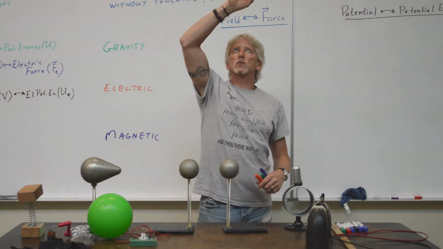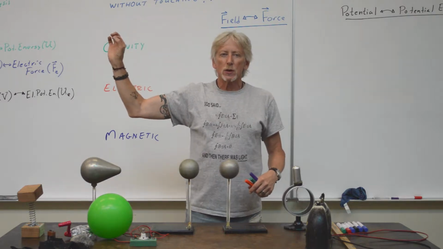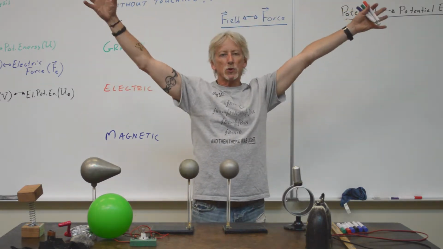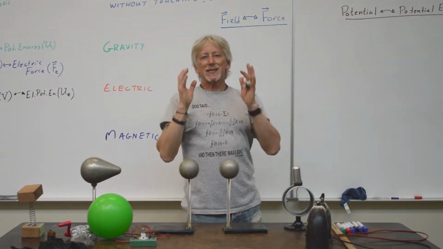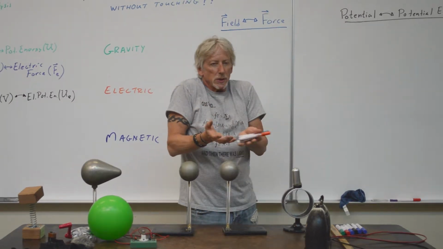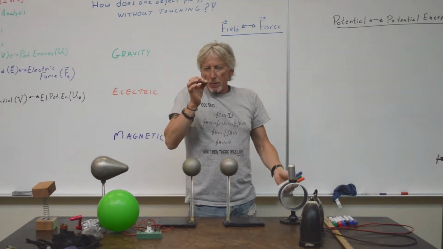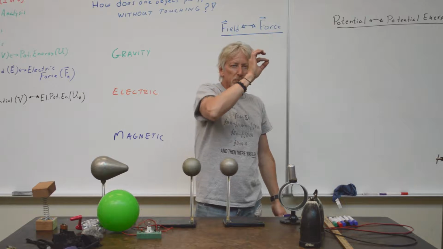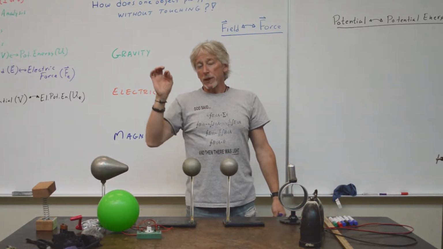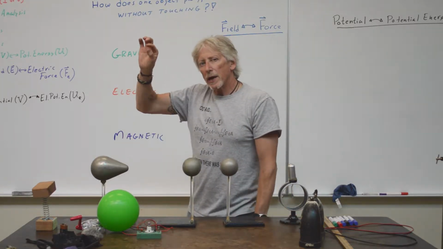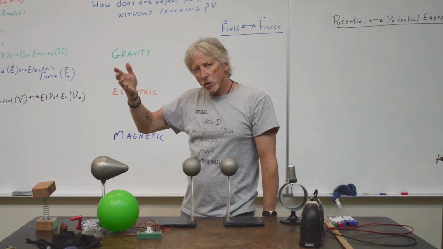So if I went around this room and measured the temperature, there would be a field of temperature. And that would be a scalar field, because temperature doesn't have a direction. But at every position in space, and you can do space and time, there is a value.